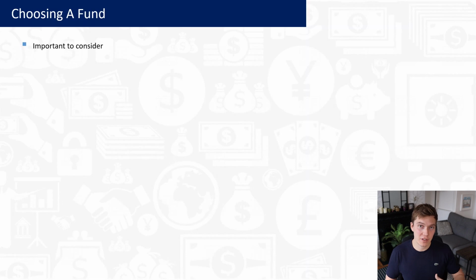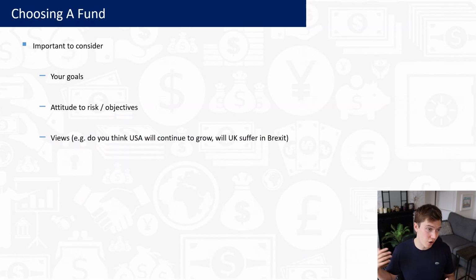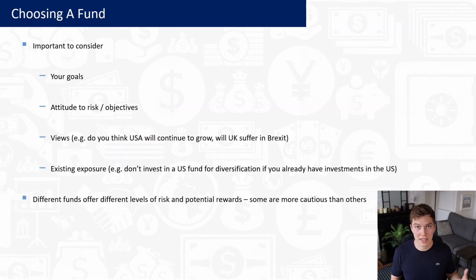So now that we know the different types of fund that there are, the different fees involved, and where we need to go to actually buy a fund, let's now cover how you go about choosing a fund to invest in. Just like with any investment, before you decide what to invest in, you need to consider your goals, your attitude to risk, any views that you may have on a particular sector or geography, and your existing exposure.